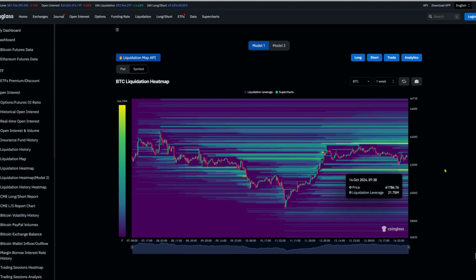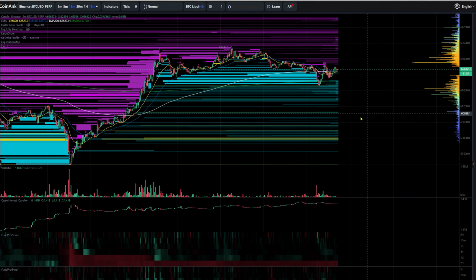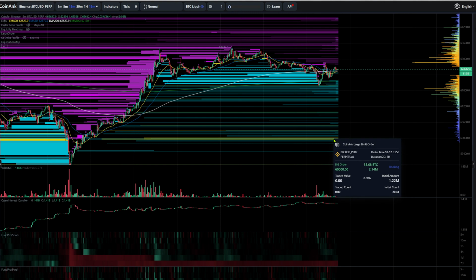So yeah, across the board, 61,500 is a target. I did have 61K as well as a potential target, but it's not as strong looking at the liquidity levels and stuff. I think a lot of people have sort of given up on purchasing at that point.